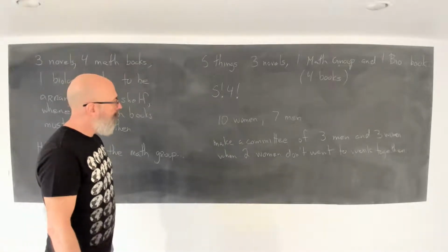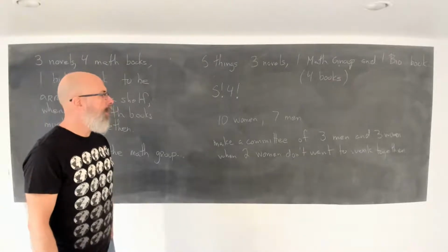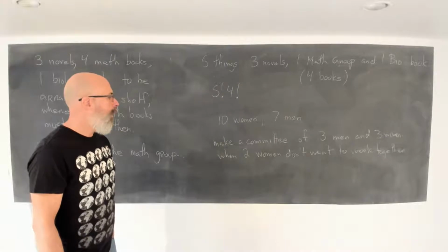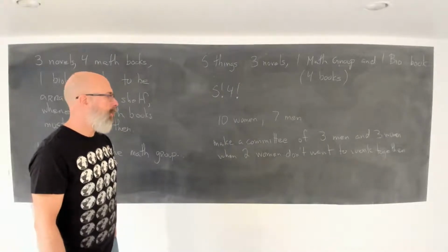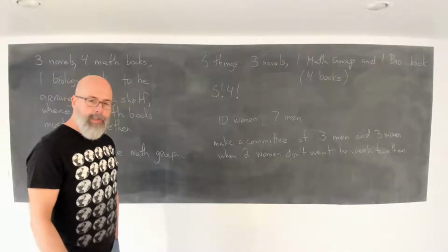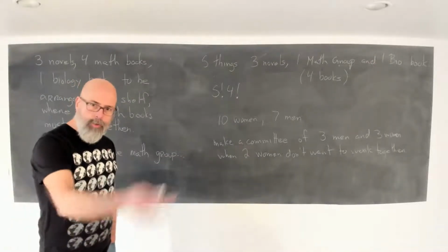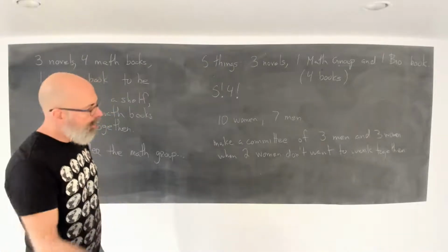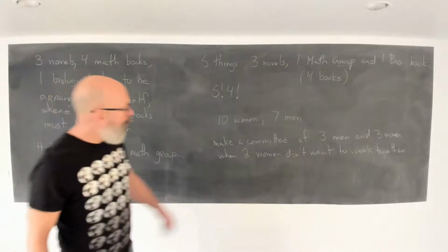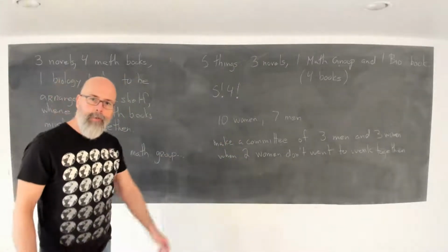All right. So the question is, how many committees can you make consisting of 3 men and 3 women where 2 of the women don't want to work together? Well, let's count. Here's an example where you might try to explain what you're doing. Let's count the number of committees where those women have been put aside.